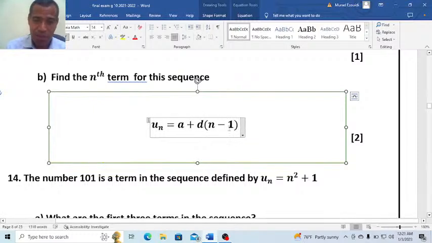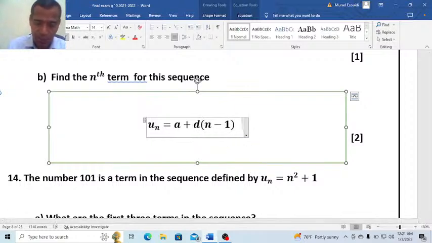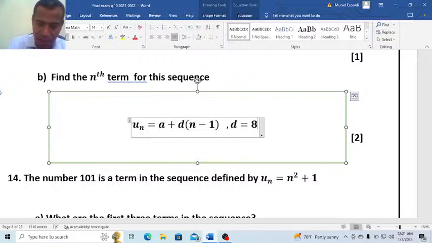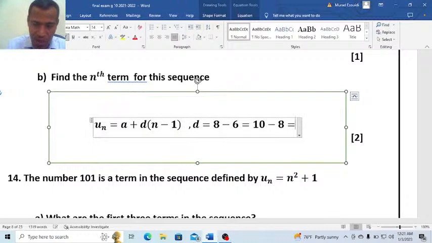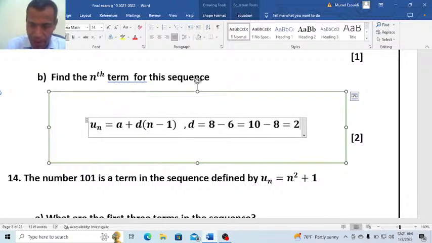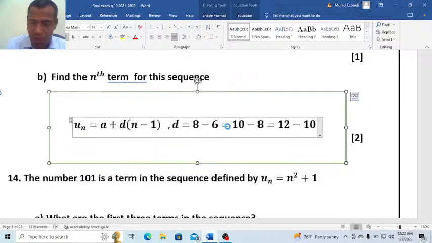So what is the common difference? The common difference d is 2, which is 8 minus 6, also equal to 10 minus 8, also equal to 12 minus 10, which is equal to 2.